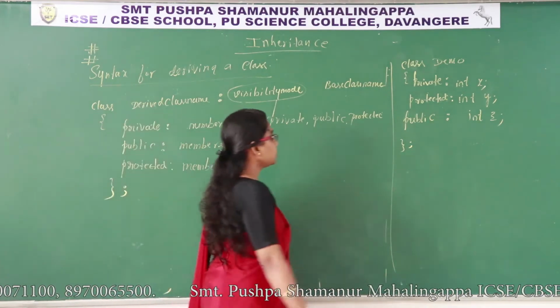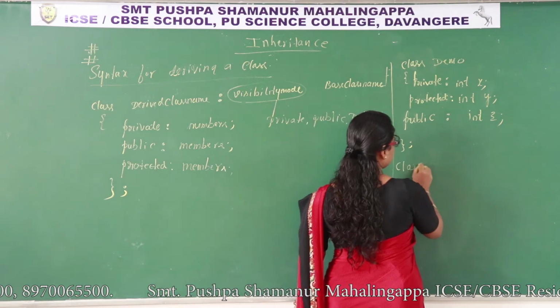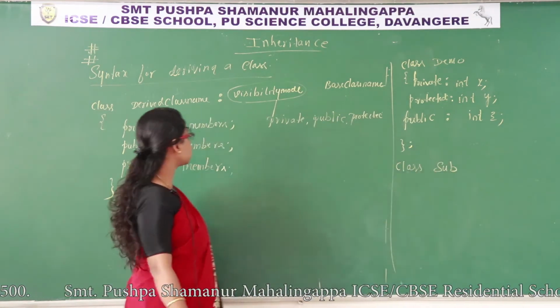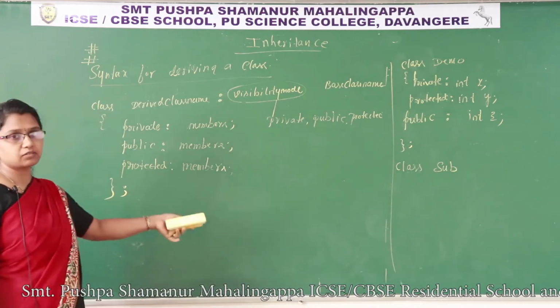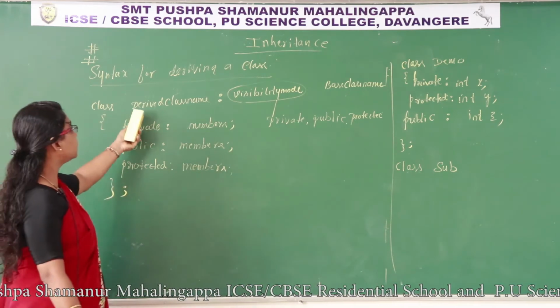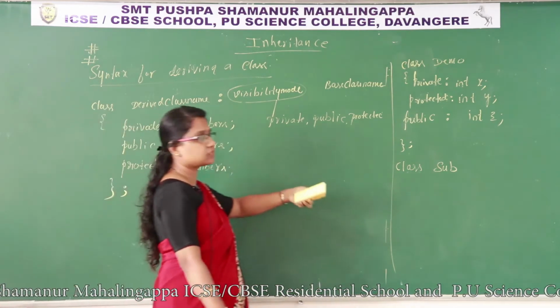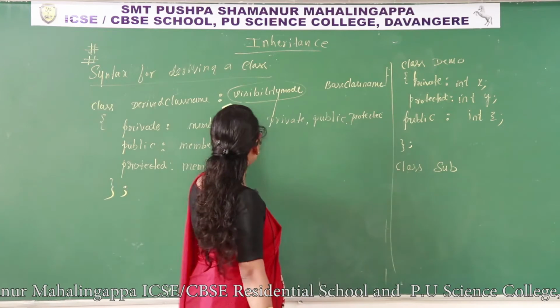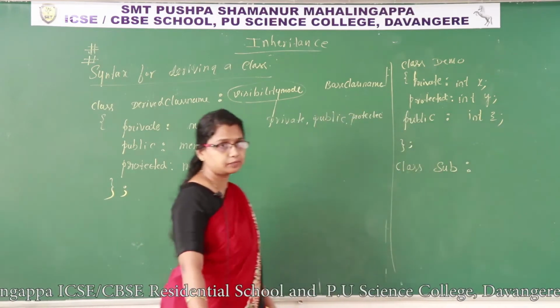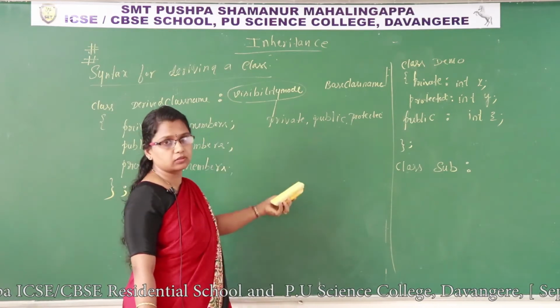Now I will take another class and make it a subclass of this existing class. Let us take the class name sub. You all know the syntax to derive a class from an existing class. I write class as a keyword, then the derived class name, which is sub. Colon. Then the visibility mode.